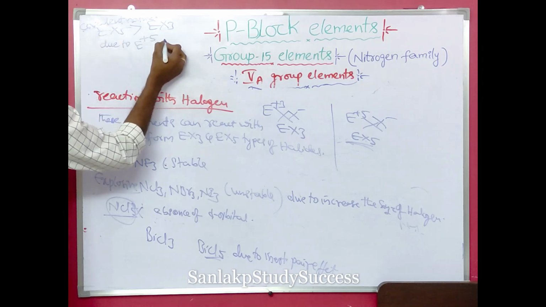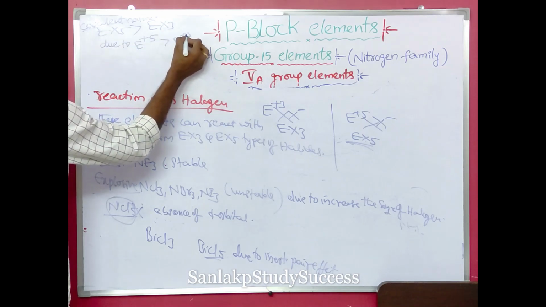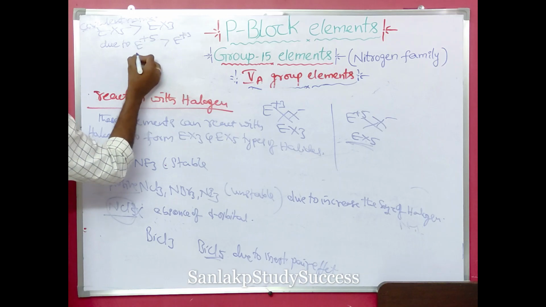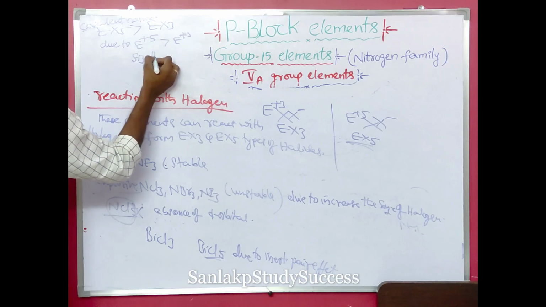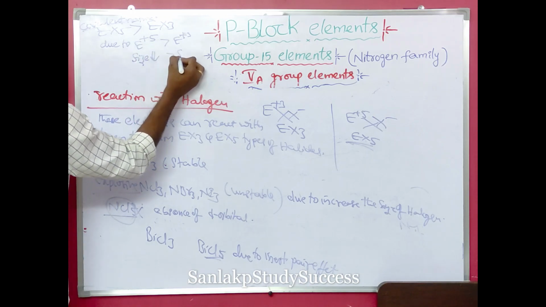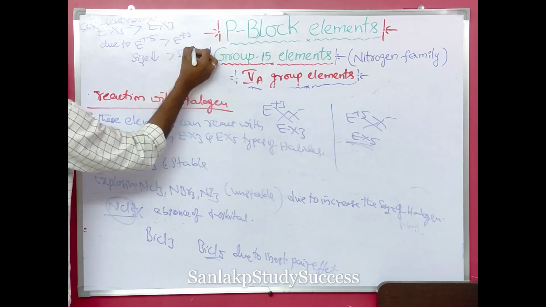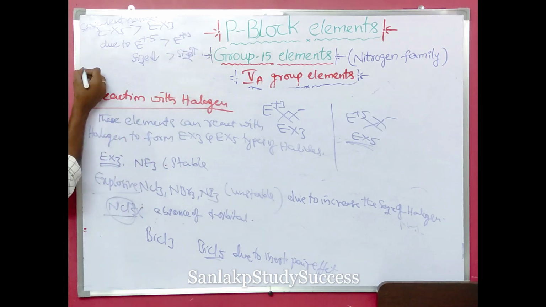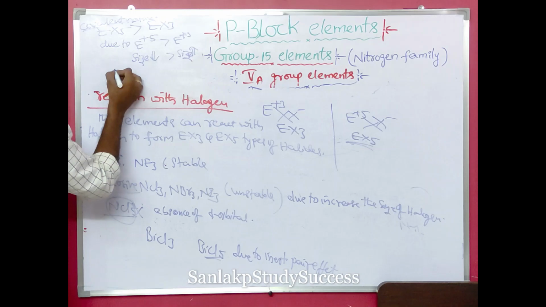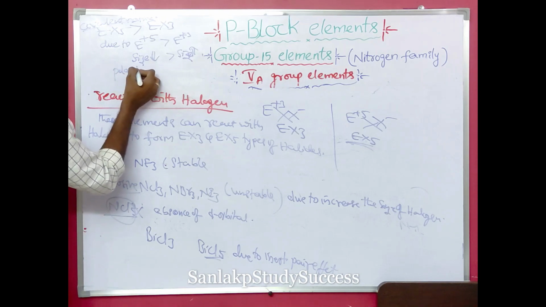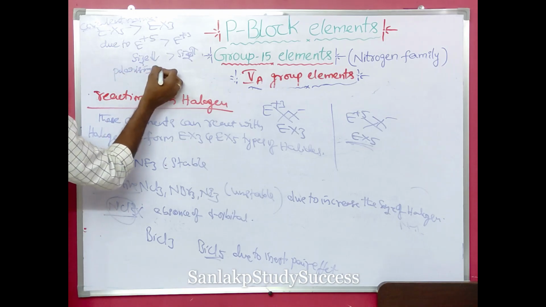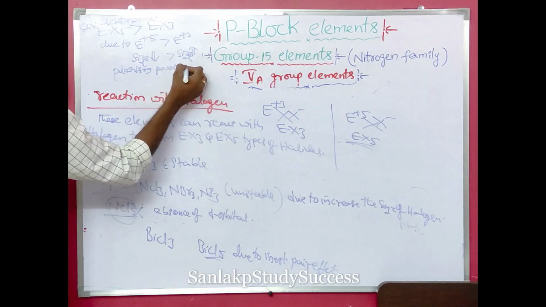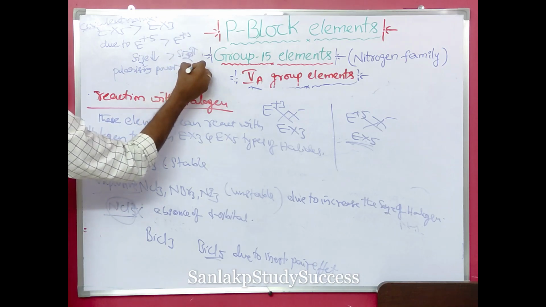Here it is plus 5, there it is plus 3. If the oxidation state increases, the size decreases. The one with the smaller size has more polarizing power.